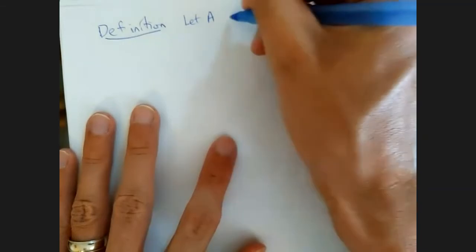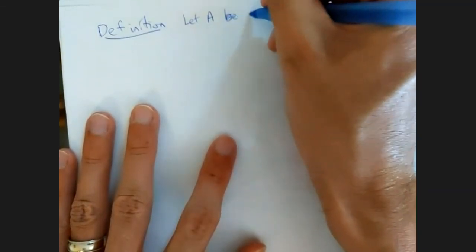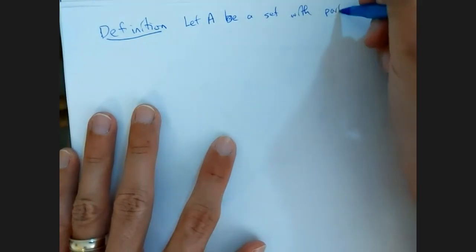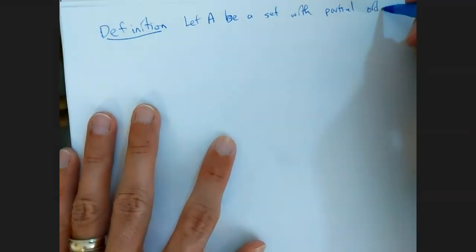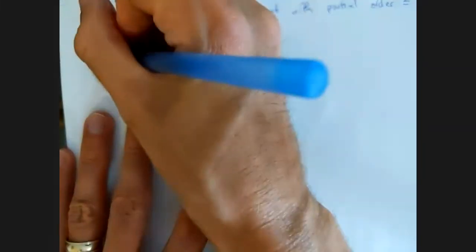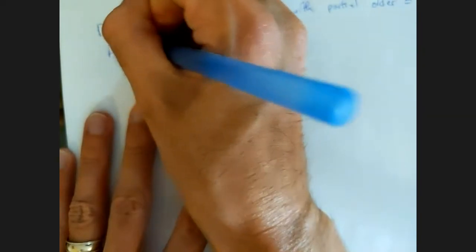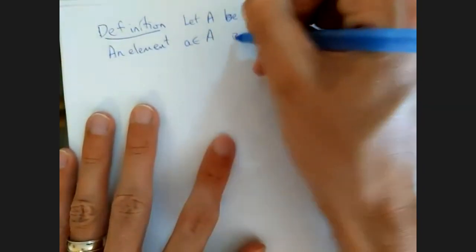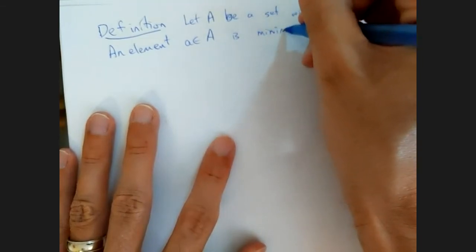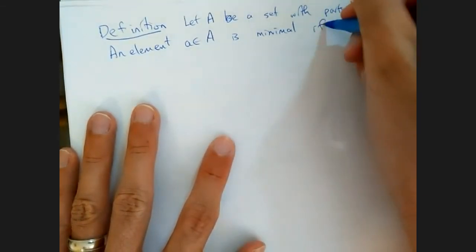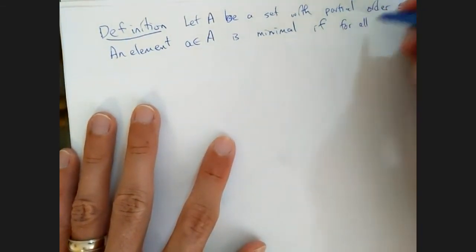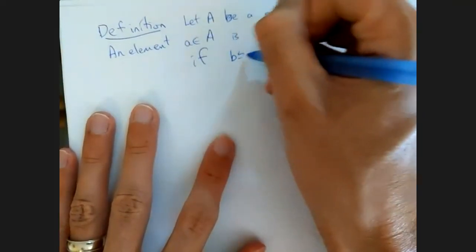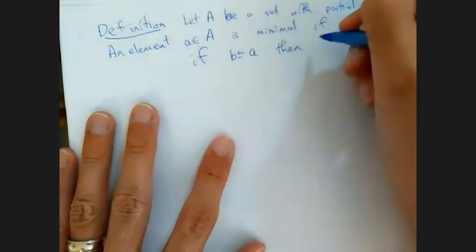So again, A is a partially ordered set. An element A is minimal if for all B, if B is less than or equal to A, then B equals A.